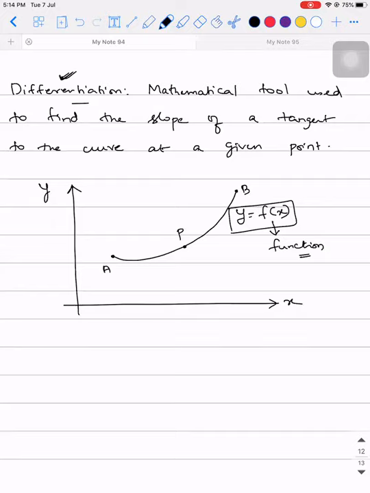At this point P, if you are able to draw a tangent, the tangent will cut the x-axis at some point, let's say at an angle theta. Then tan theta of this curve is what is called the slope of the line.